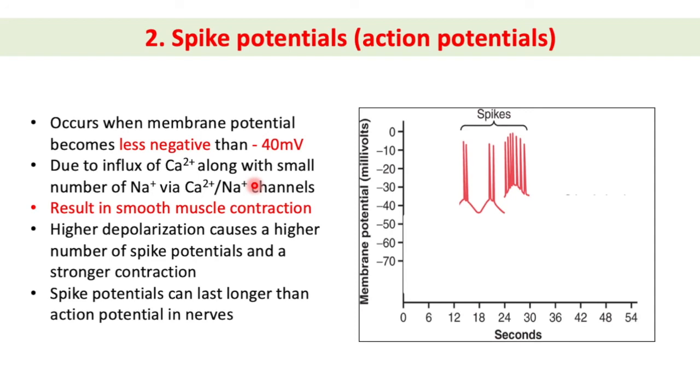So when there is an action potential, there will be smooth muscle contraction. Higher depolarization or a high amount of calcium in the cytosol causes a higher number of spike potentials, as well as stronger contraction. One interesting thing to note about action potentials in the smooth muscle of the GI tract is that they can last longer than action potentials in the nerves.